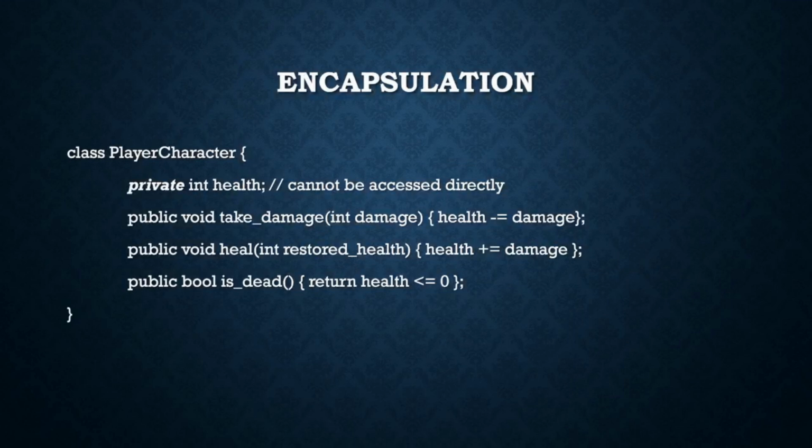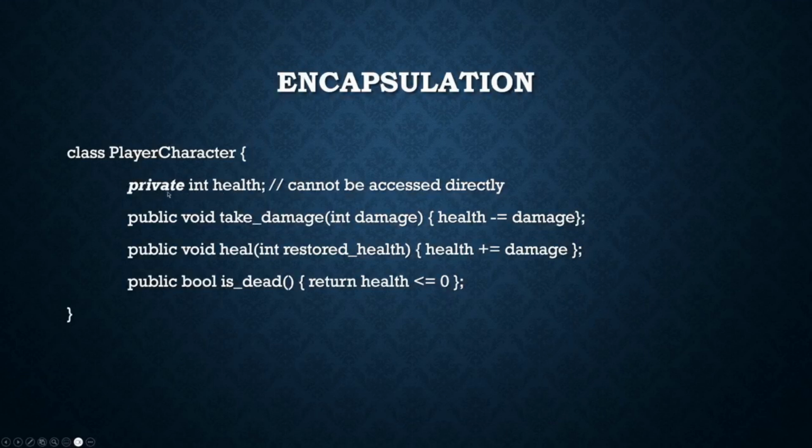So what do we mean by encapsulation? We can make either functions or properties private. In a player character class, we might say that the health is private, but then we have public methods for modifying or asking questions about the health. For example, in a game, we might say private int health.